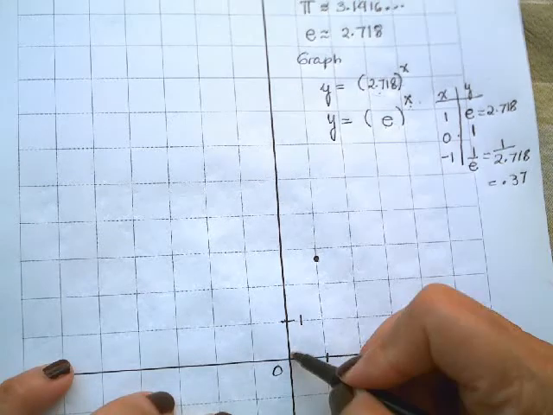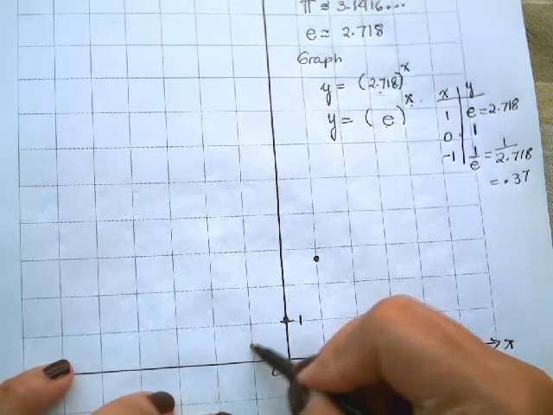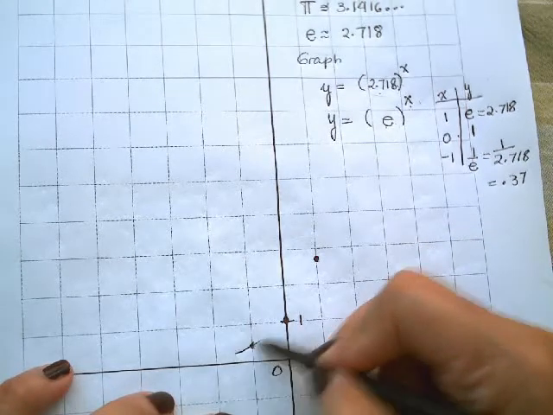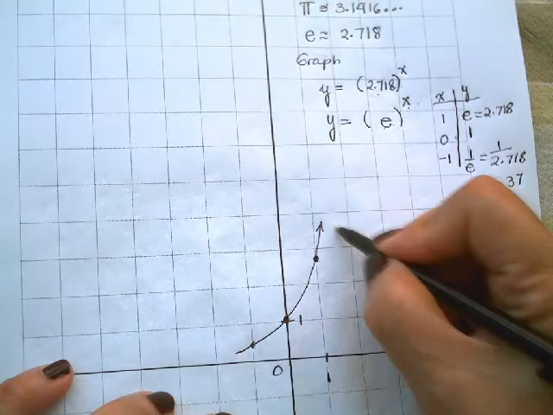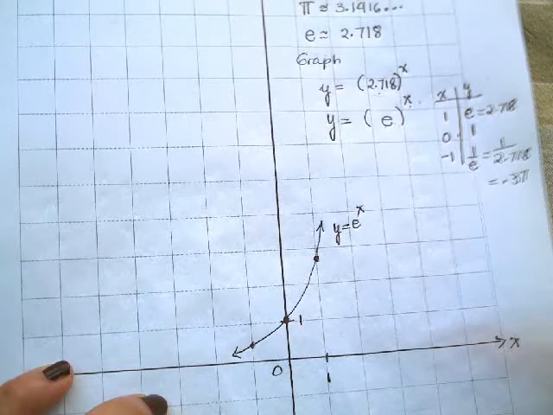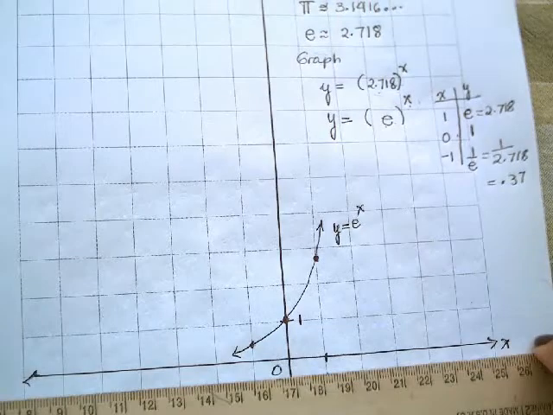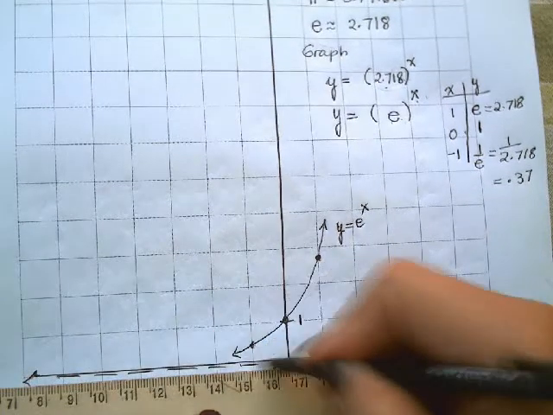When x is 1, y is 2.7, which is somewhere here. When x is 0, y is 1, and when x is -1, y is 0.37, which is somewhere here. This is an exponential growth, the graph y equals e to the x. And of course, we have our asymptote here.